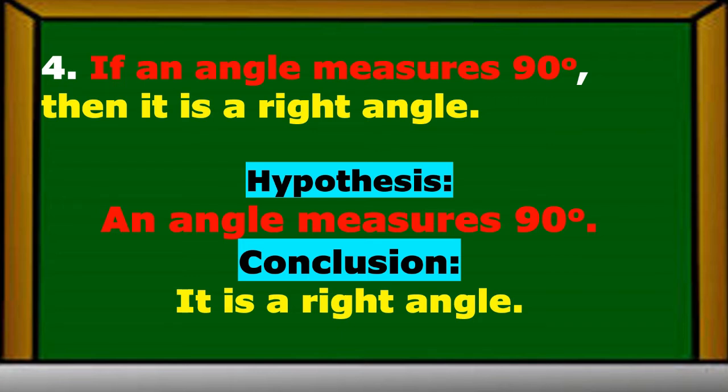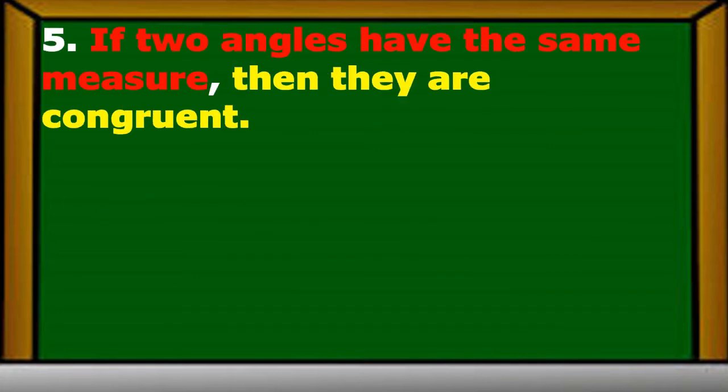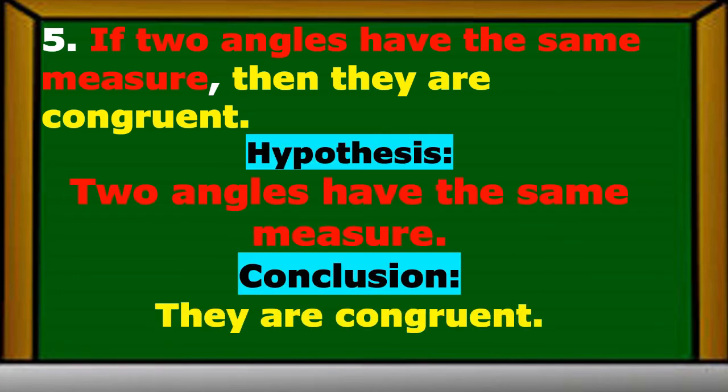Our last conditional for this series of examples is, if two angles have the same measure, then they are congruent. We'll identify the hypothesis and the conclusion.